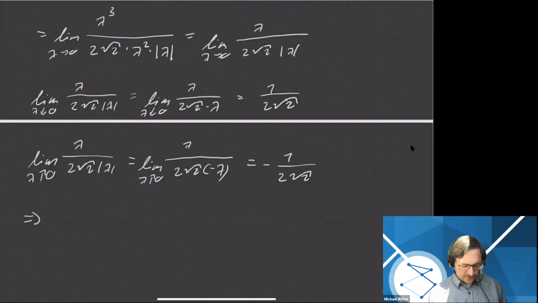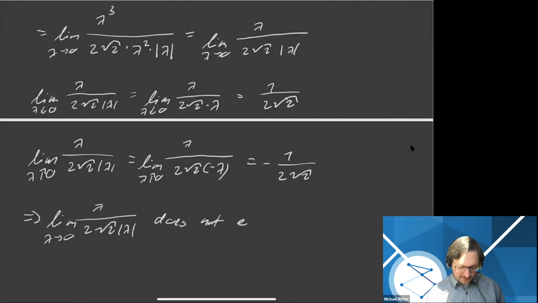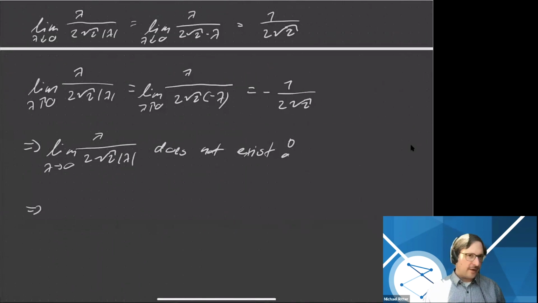Okay, so that limit as lambda goes to 0 of lambda over 2 square root of 2 times absolute value of lambda does not exist. And that in turn means we got that by computing the limit of r of x over the norm of x as x approaches 0.